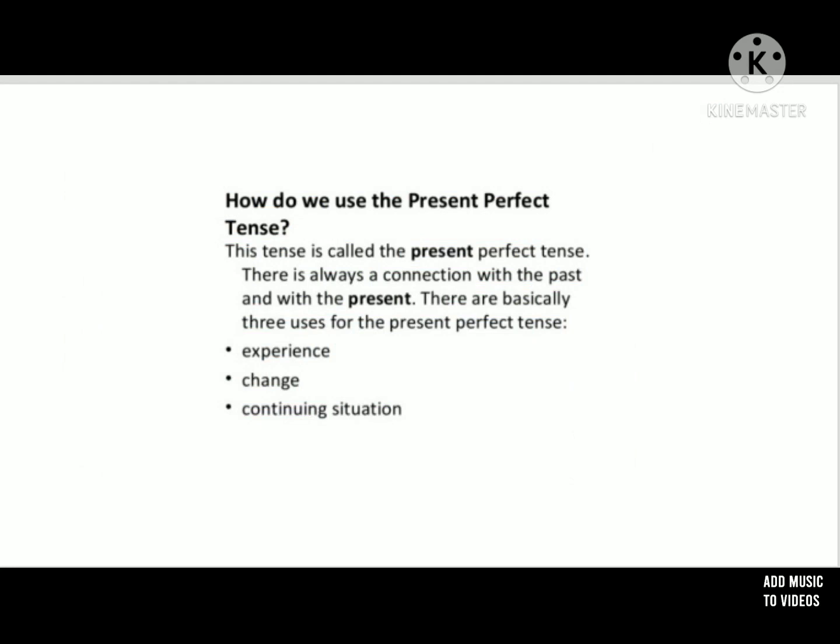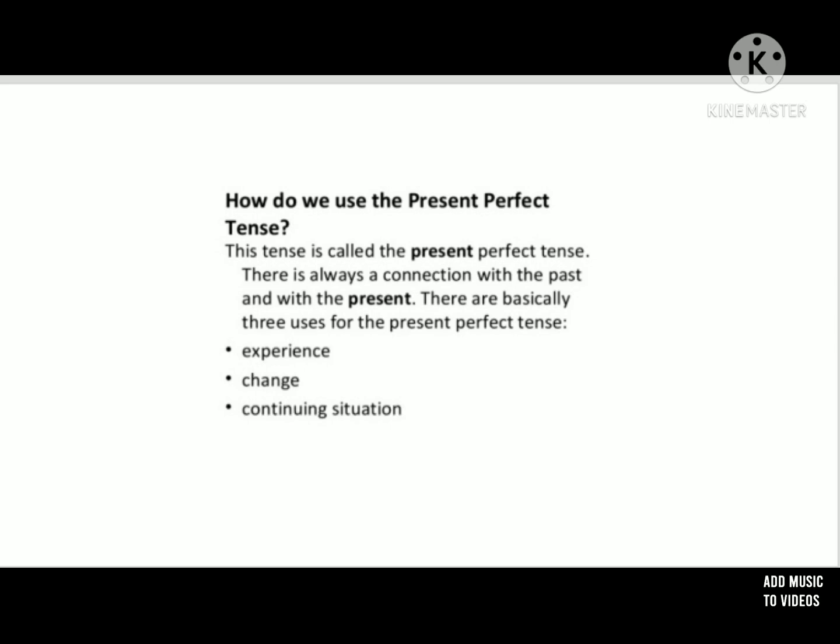Now let's see how do we use the present perfect tense. Now you should understand that this tense is called the present perfect tense. There is always a connection with the past and with the present. In other words, the action might have taken place in the past and still it has its effects in the present, or the action which started in the past may continue to the present or to future as well.